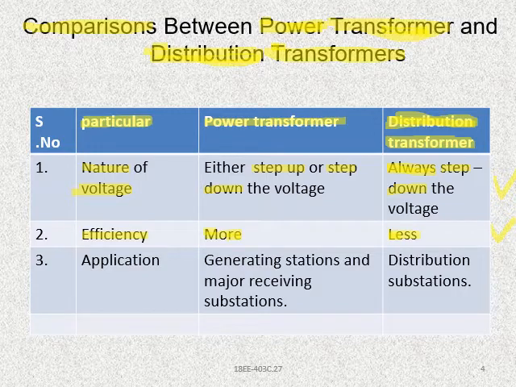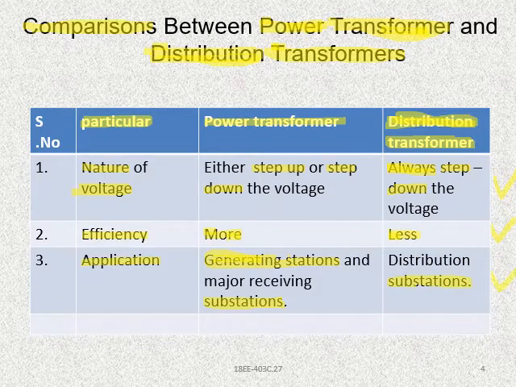Now coming to the third point, application. These power transformers are used in generating stations and major receiving substations. As I've said, these are used in generating stations and major receiving substations. But whereas the distribution transformer is used for distribution substations only.